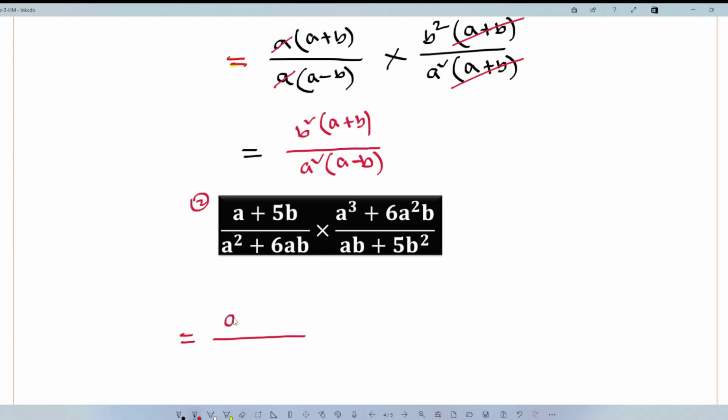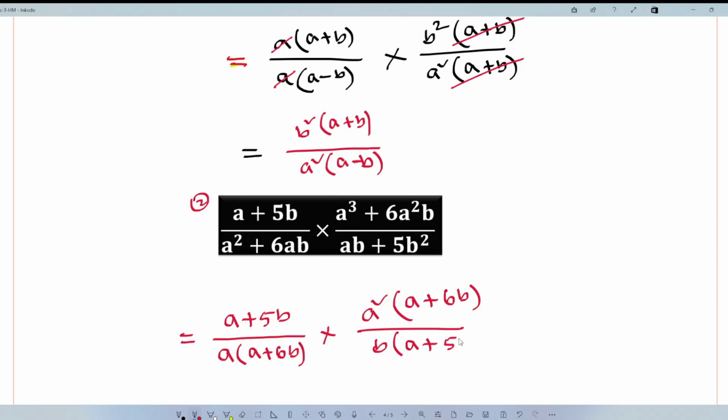Here is a plus 5b, we cannot take anything, and in the denominator we can take common a, so here is a plus 6b. Next, here is a cube and also a square, so we can take common a square, so here is a plus 6b. And in the denominator we can take common b, so here is a plus 5b.